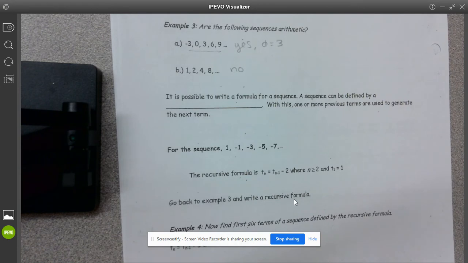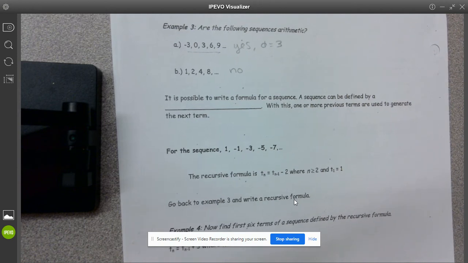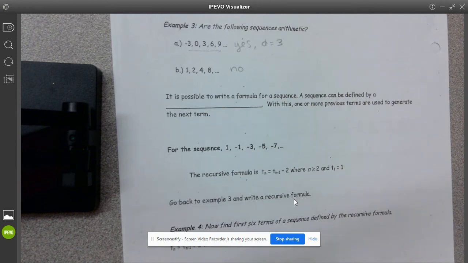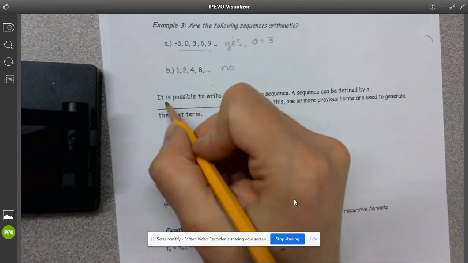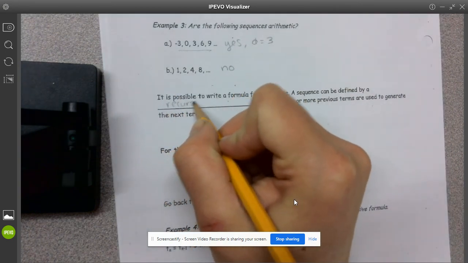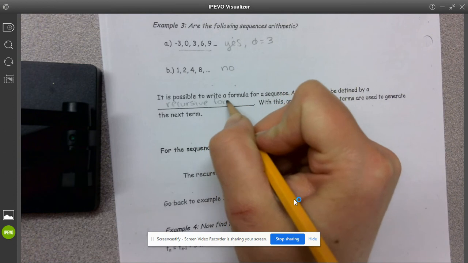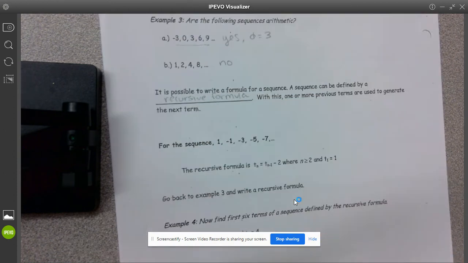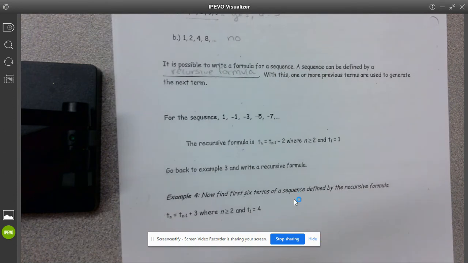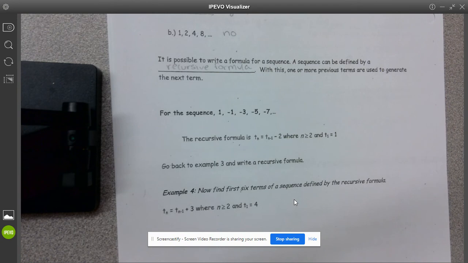You'd say, okay, well, I'm adding 3 every time. Plus 3, plus 3, plus 3 to what? X. Then how do you know what X is? Okay, so it's called a recursive formula. With this, one or more previous terms are used to generate the next term.